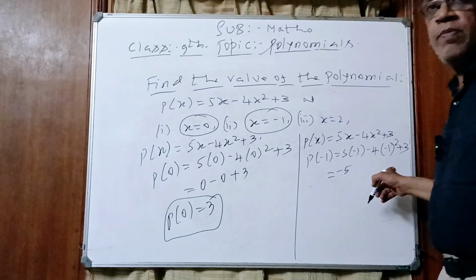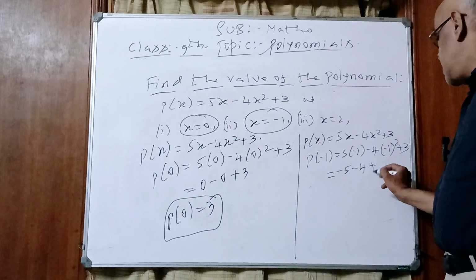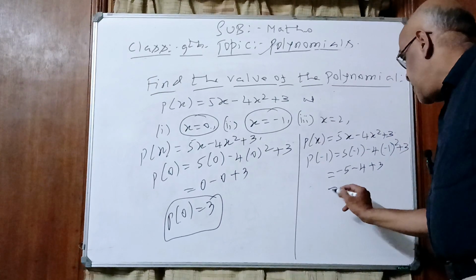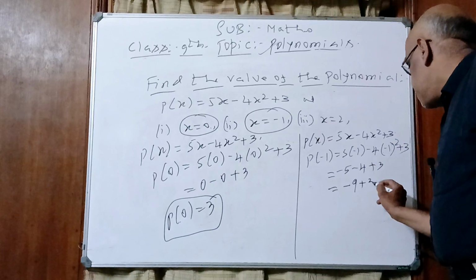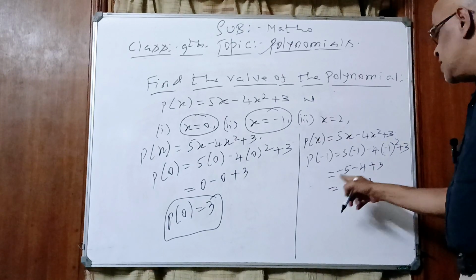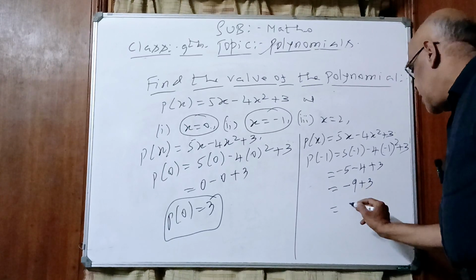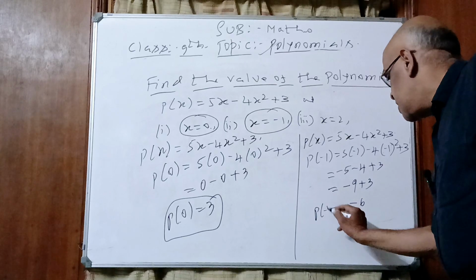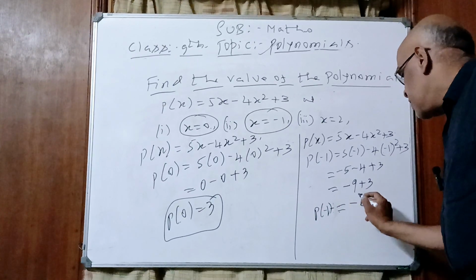Minus 1 squared is 1, and 1 into minus 4 is minus 4. So minus 5 minus 4, same sign, add: minus 9, plus 3. So 9 minus 3 is 6, because 9 is minus. What is P of minus 1, children?